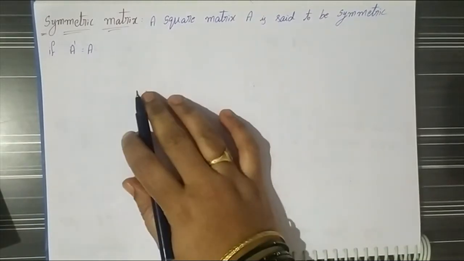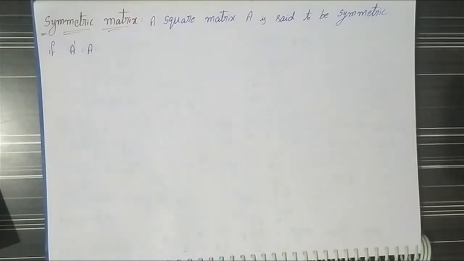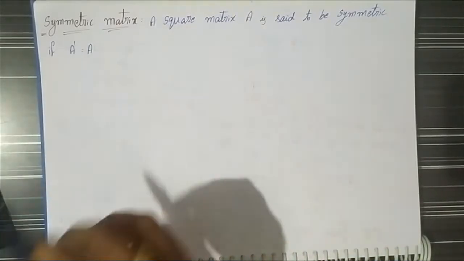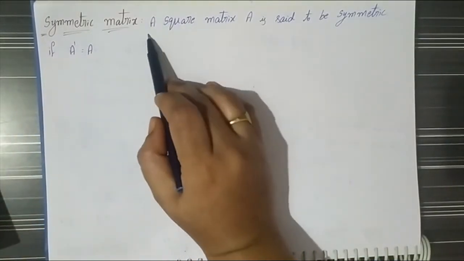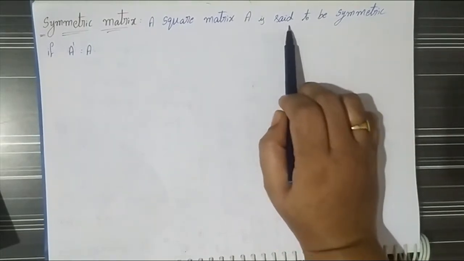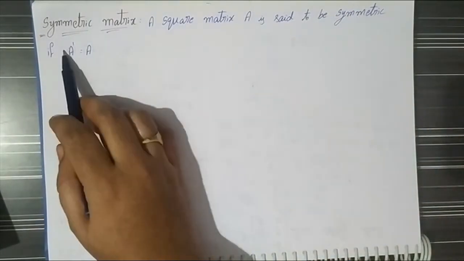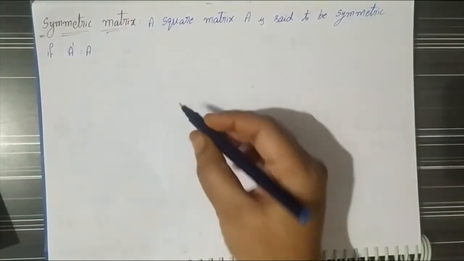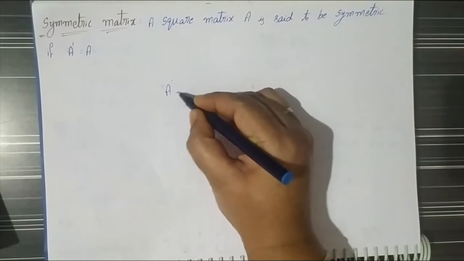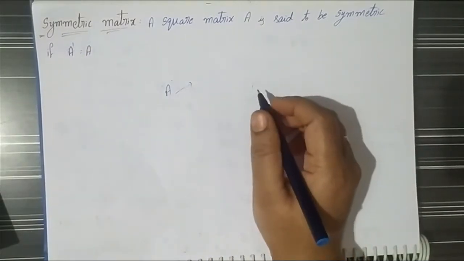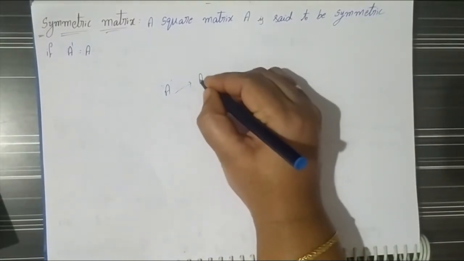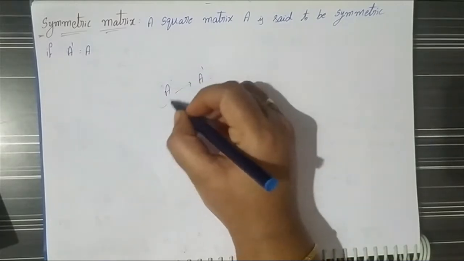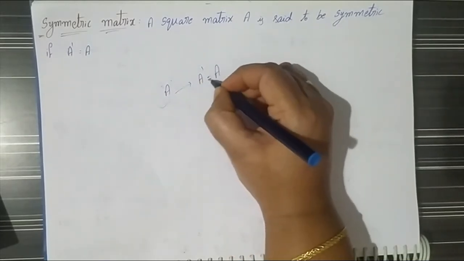In this video, we will discuss some other topic. First, we know the definition of symmetric matrix. A square matrix A is said to be symmetric if A dash equals A. That is, if a matrix A is symmetric, then the transpose of the original matrix is equal to the original matrix.